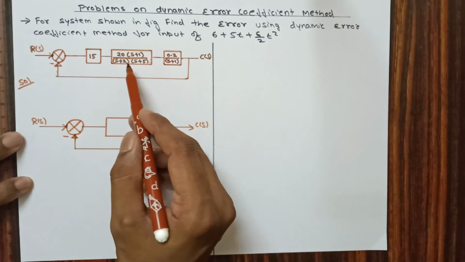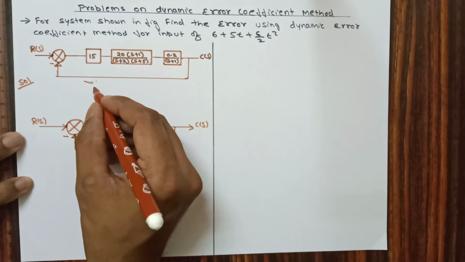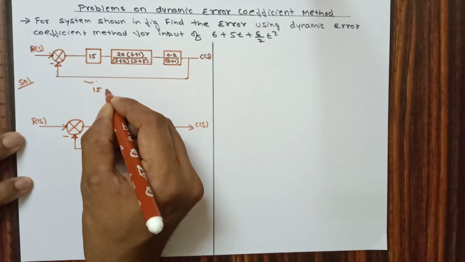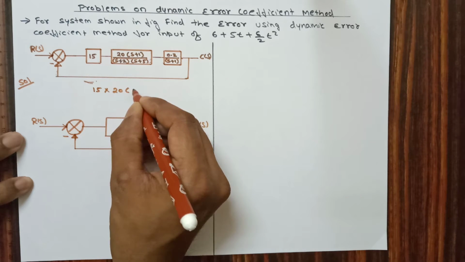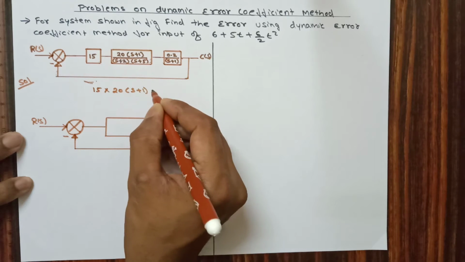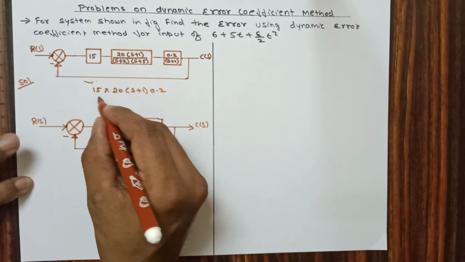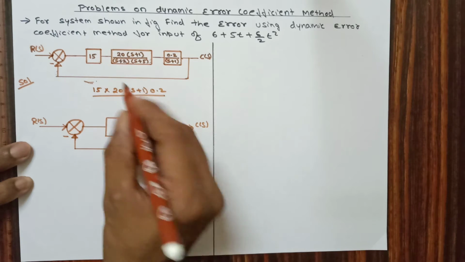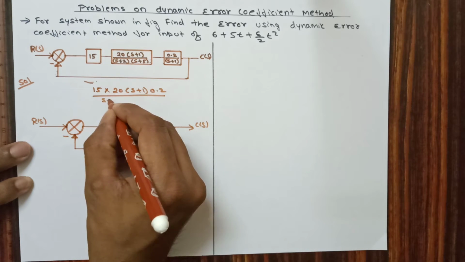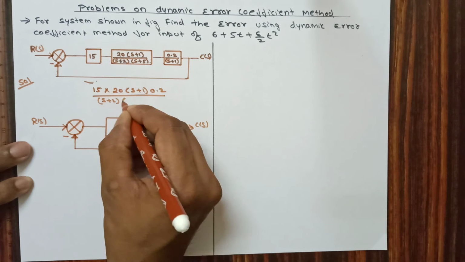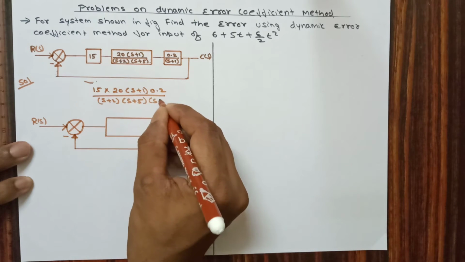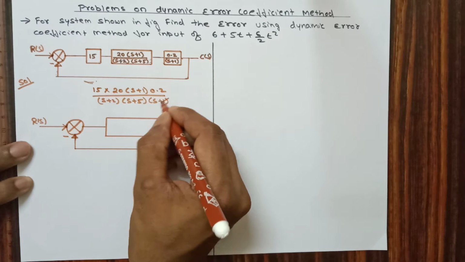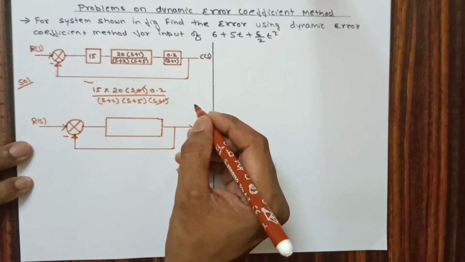So by doing that, we'll get 15 into 20 into s plus 1 into 0.2 divided by s plus 2 into s plus 5 into s plus 1. Here the s plus 1 terms get cancelled.